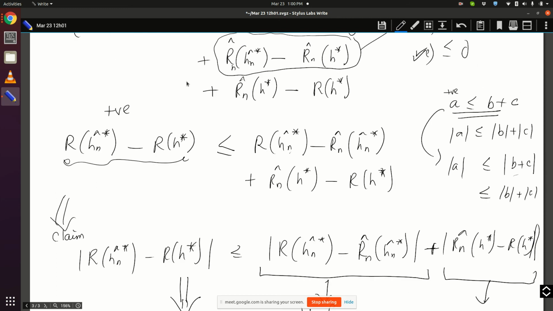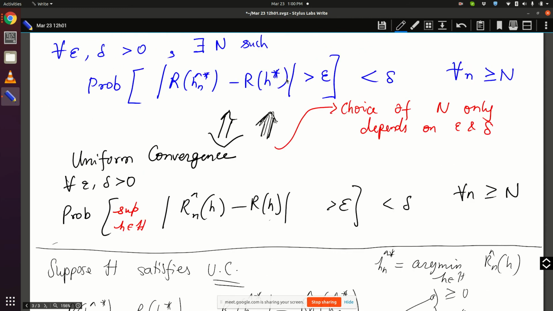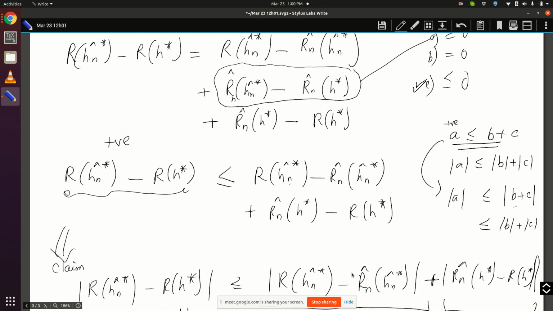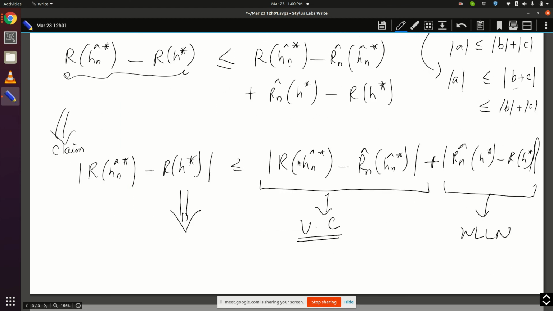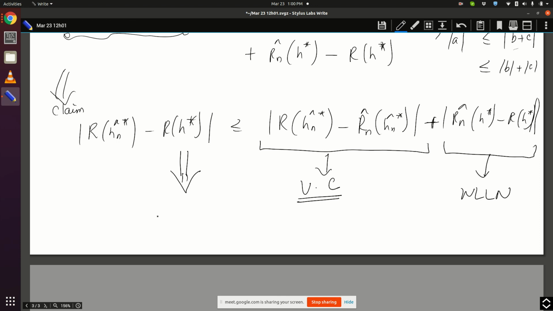You want to control this for epsilon and delta. Through the right hand side I can use uniform convergence. I can say that this is less than or equal to 2 times the supremum of the difference, and then I can control it. So that is the idea. I will leave you to finish the rest of the proof.